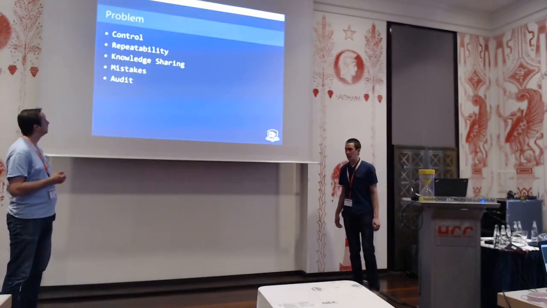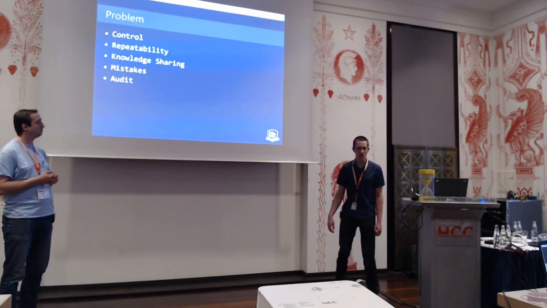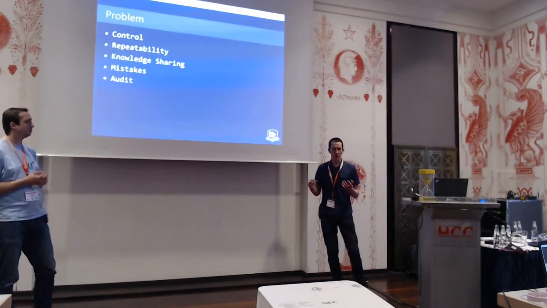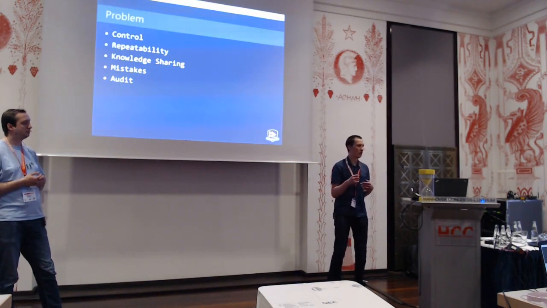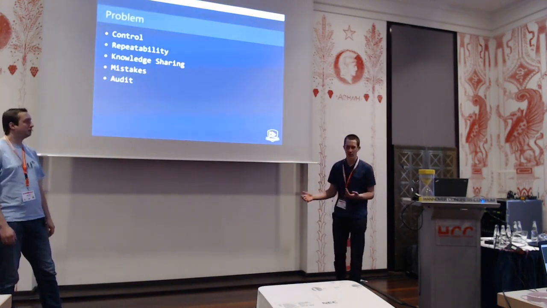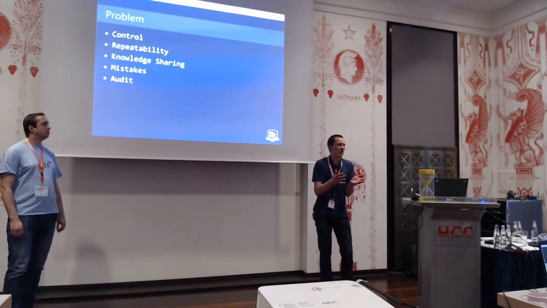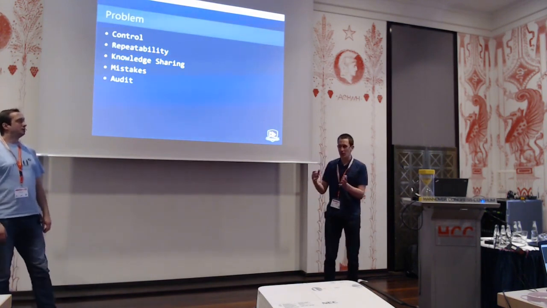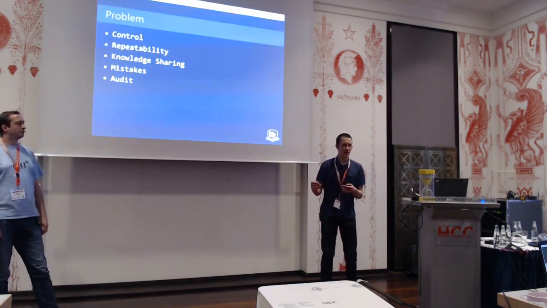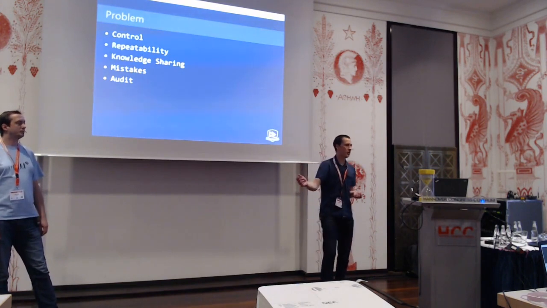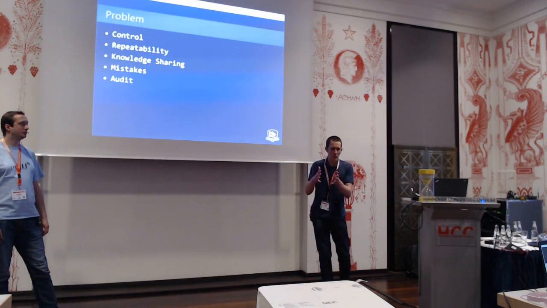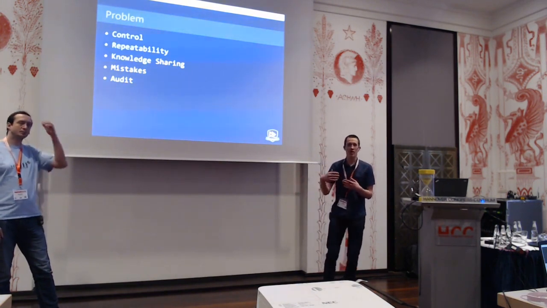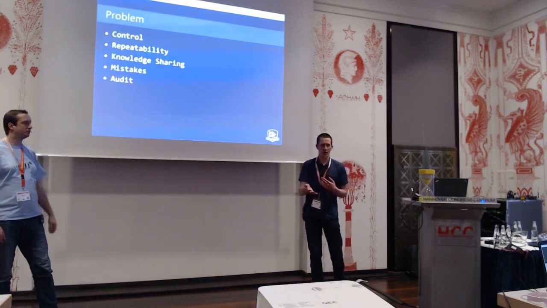The next part of our setup is about knowledge sharing. There we really discovered that if you are working in a team with multiple people, you need to know what you are doing and how you're doing it. I saw it also in another presentation today. You need to work from a single source of intent. In our case, we chose a Git repository to do that.